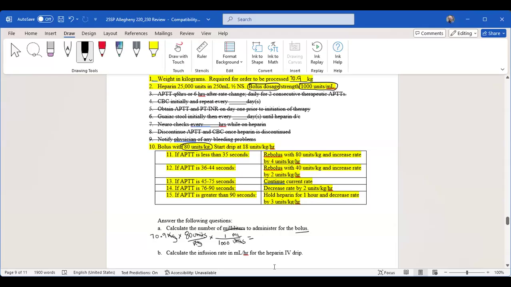And I'm going to get 5.672. We're going to round that number to 5.7 milliliters. Any questions on how we got to the bolus?